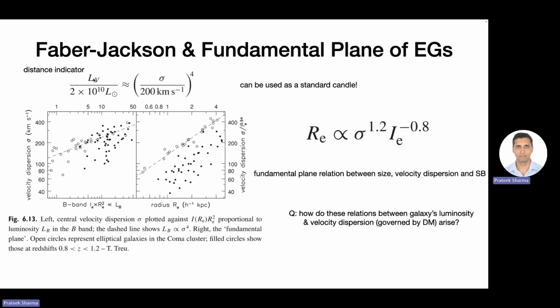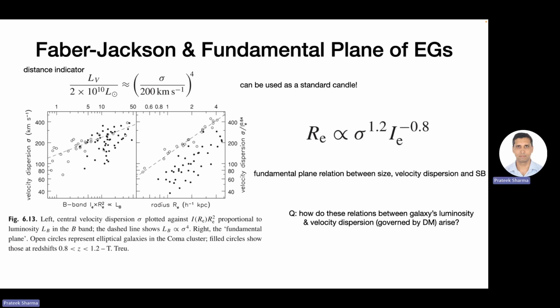If you just make a plot of velocity dispersion, which is obtained from that sort of an exercise, you take the spectrum, you see how much it has broadened, and you get sigma as a function of angle or distance, and you calculate some sort of an average. This is sigma, and this is luminosity, say B band luminosity.